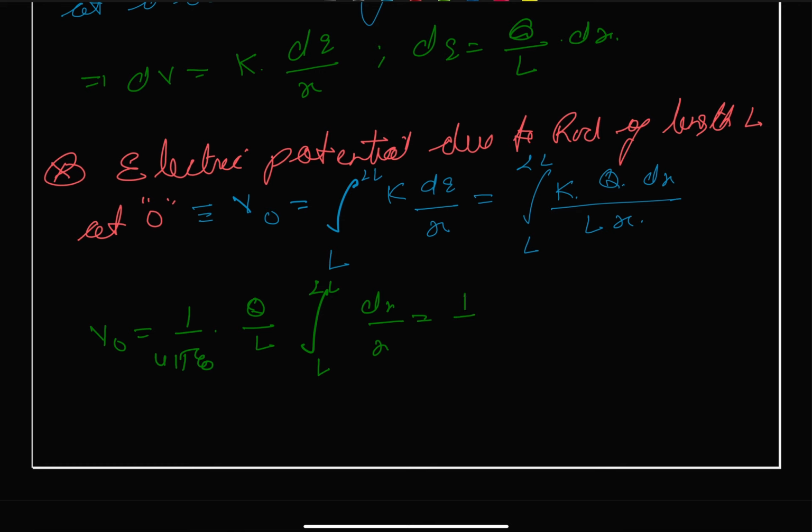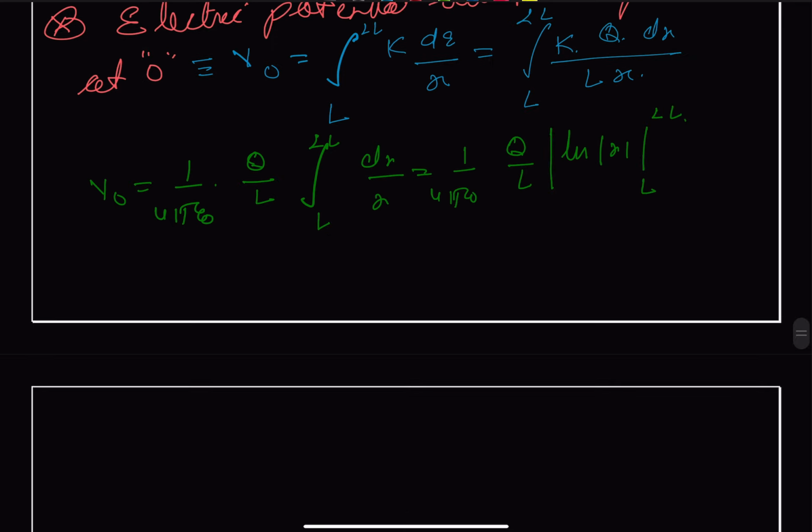So we get 1 upon 4 pi epsilon naught, Q upon L, natural log of x, with limits from L to 2L. Now we can just substitute the limits.